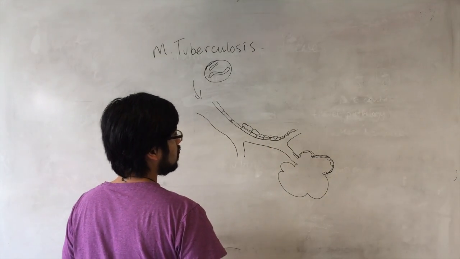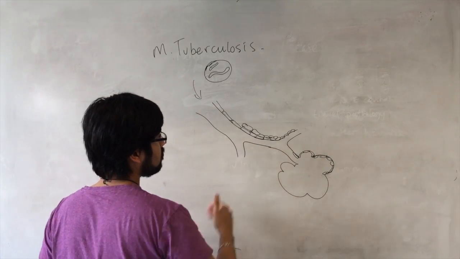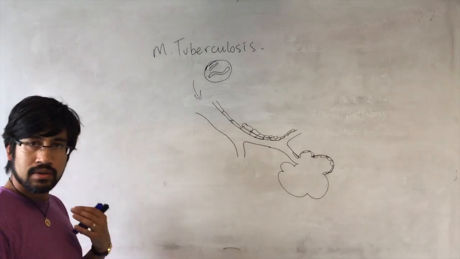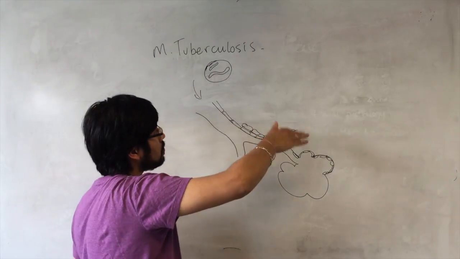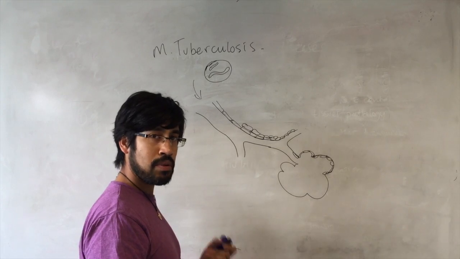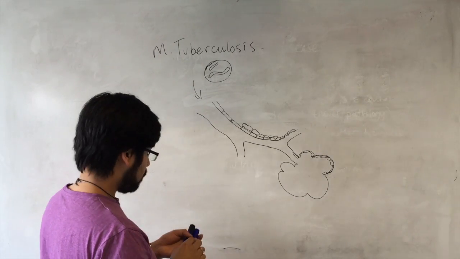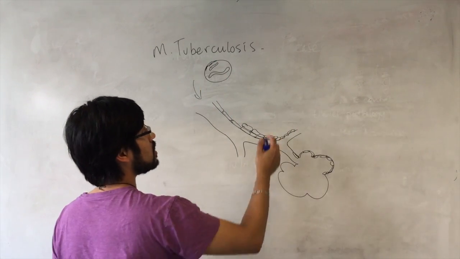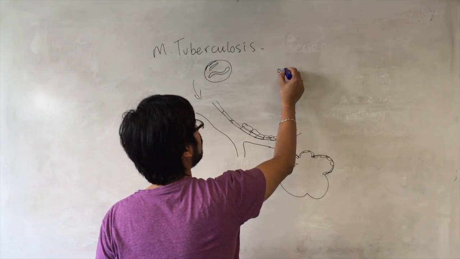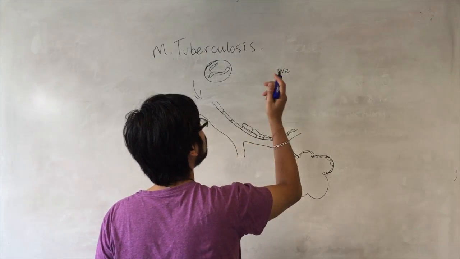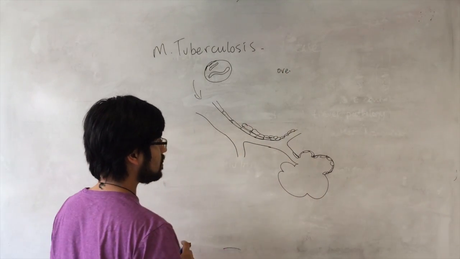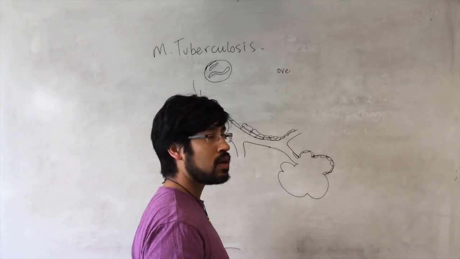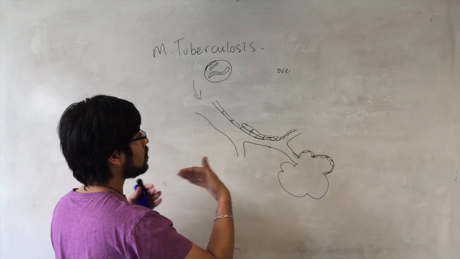Now, first thing, yes, we have the ciliated epithelium and we have the mucus, and that's all well and good, and it's doing a good job removing dust particles and pathogens. However, the first issue with the tuberculosis and how it can cause infection is by possibly getting through those defenses. Those defenses are doing a job most of the time, but it could get through.